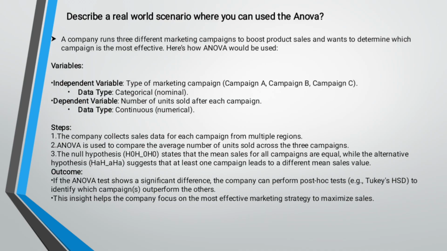Three, the null hypothesis, H0, states that mean sales for all campaigns are equal, while the alternative hypothesis, HA, suggests that at least one campaign has a different mean sales value.